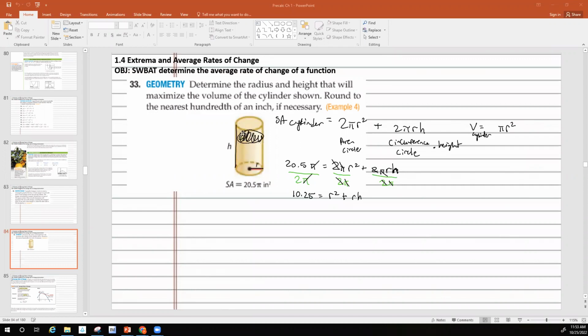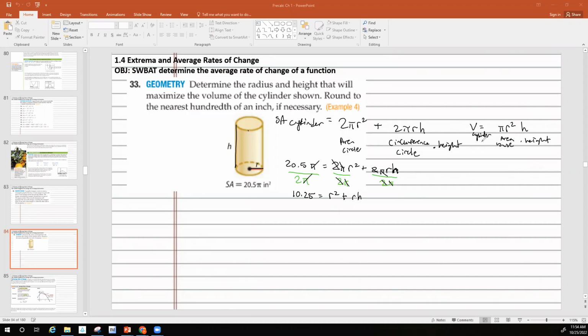Just imagine that circle going up and down. That's how much space you have. So that's pi r squared times h, that whole distance. That's how you find the volume of a cylinder: the area of the base times the height, just like for a pyramid.